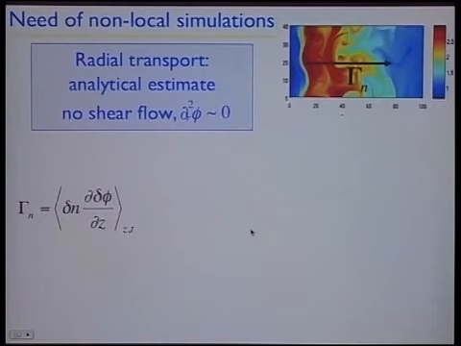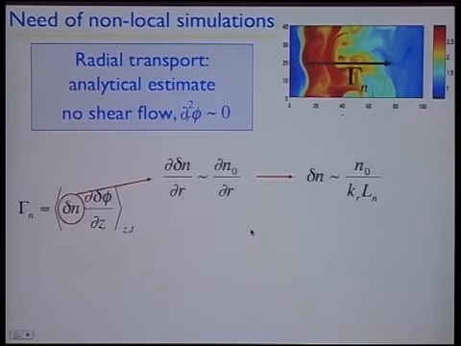So how can we do that? Well, the particle flux will be given by the average of the density fluctuation and the radial E cross B. So how can we estimate those? Well, density fluctuation. What is driving the instability here is the density gradient.